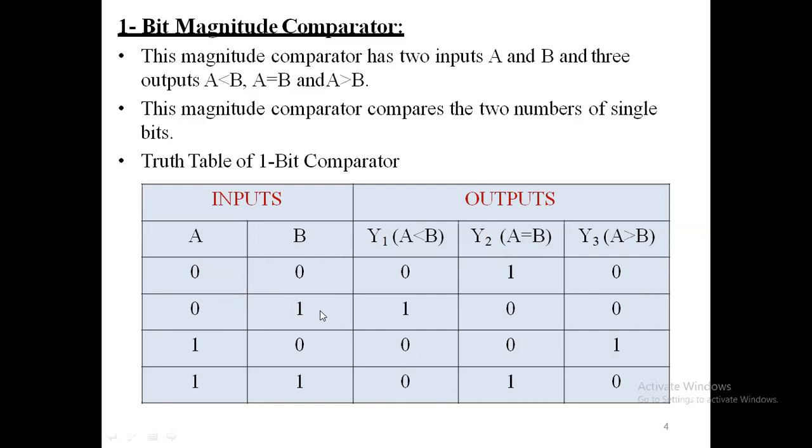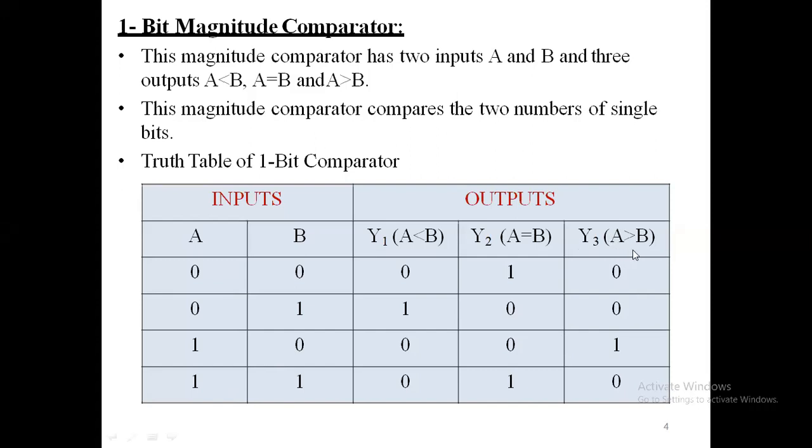The condition is false, so 0. 1 is equal to 0. The condition is false, so 0. And 1 is equal to 1. The condition is true, so 1. If the condition is true, the output will be 1. Otherwise, we put 0.